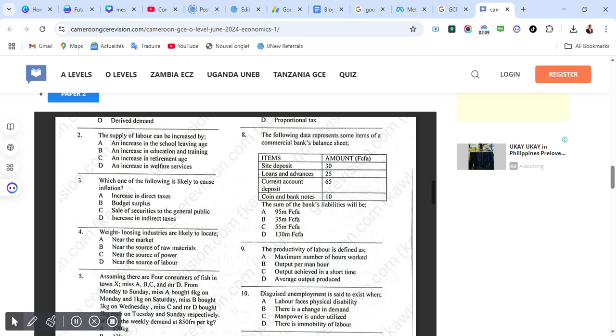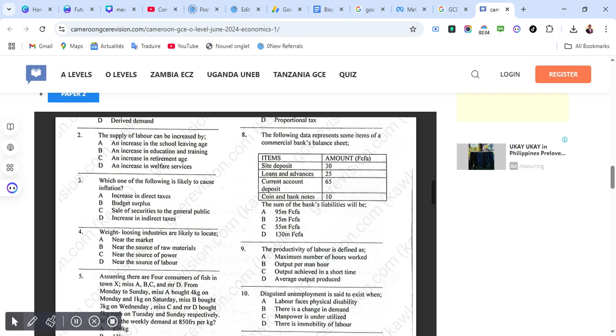Question three asks, which one of the following is likely to cause inflation in a country? The correct answer is D, increase in indirect taxes. When taxes are going up indirectly, it can cause inflation in a country.